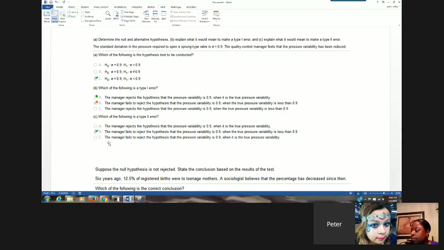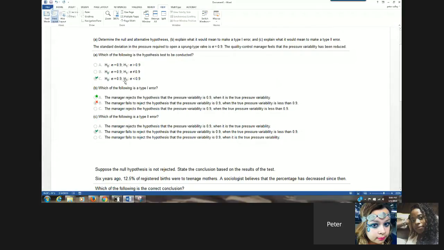I think it's reduced, and so now I'm motivated to go collect data. So I want to see if it actually is different than what I think it is. So that first question up there about your hypothesis, you got that one right. Your null hypothesis is that it's equal to 0.9, and because he said reduced, I'm trying to gather evidence that it's less than that.